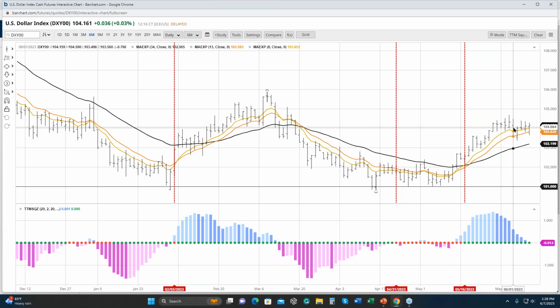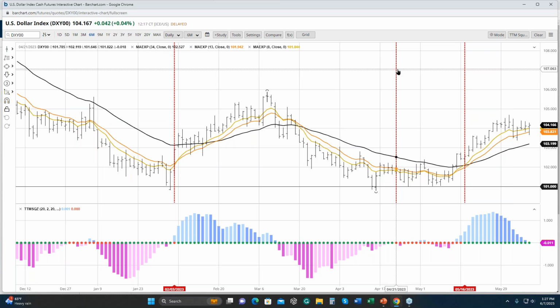From equities to currencies to commodities. So knowing if the dollar is in a squeeze, it's firing in a squeeze, that might lead you to take certain trades or potentially also keep you out of some bad trades based on the dollar's relationship to the market that you're actually trading.